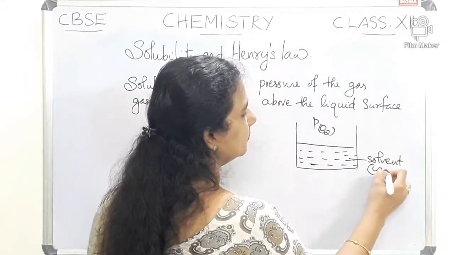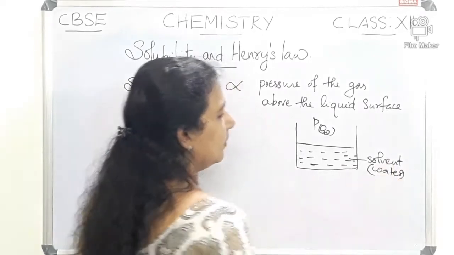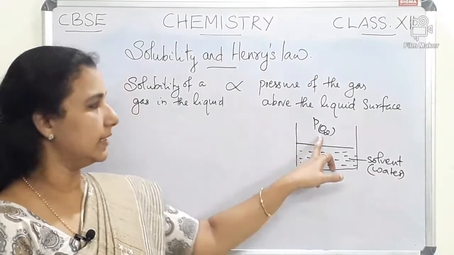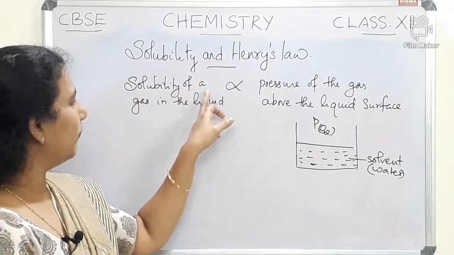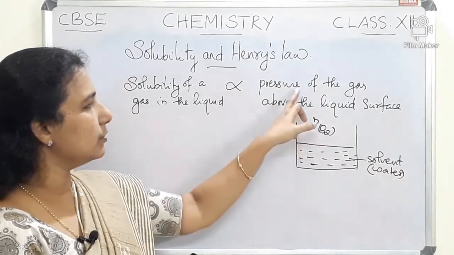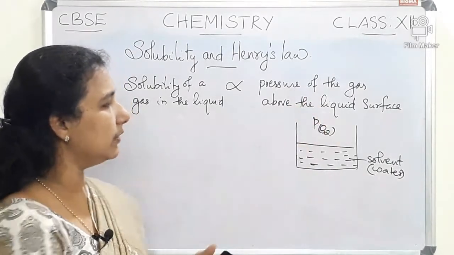If you are considering the solvent as water and the solute as oxygen, the solubility of this oxygen is directly proportional to the pressure of the gas above the liquid surface.